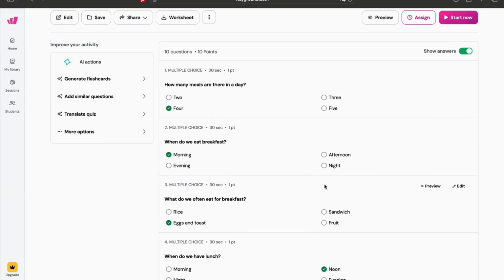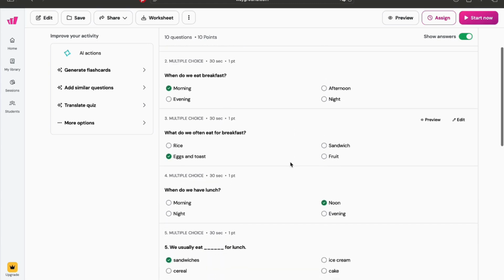They need to focus on details such as the types of meals, the time of each meal, and the kinds of food mentioned. After watching the video, students are asked to answer the question based on what they have heard. They should not guess the answer but try to understand the information from the video.